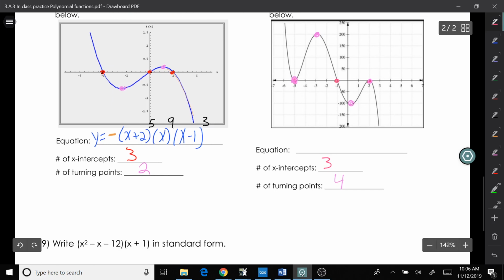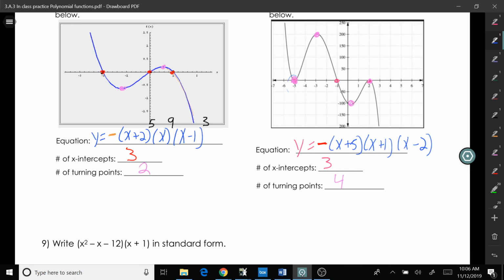So now I'm going to write my equation. Y equals, the right side is going down, so negative out in front, and x plus 5 for this zero, x plus 1 for this zero, and x minus 2 for that zero.